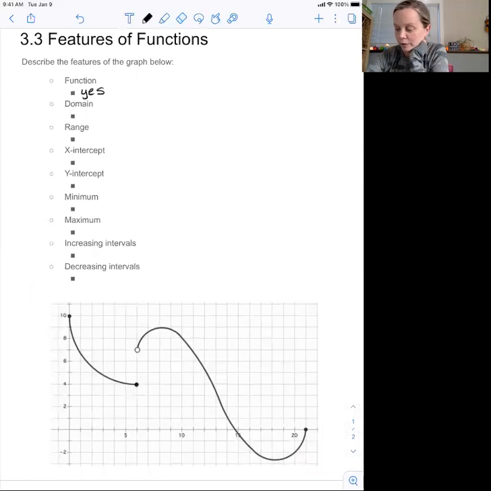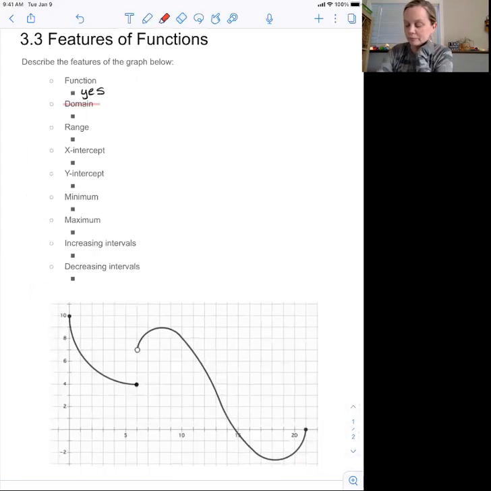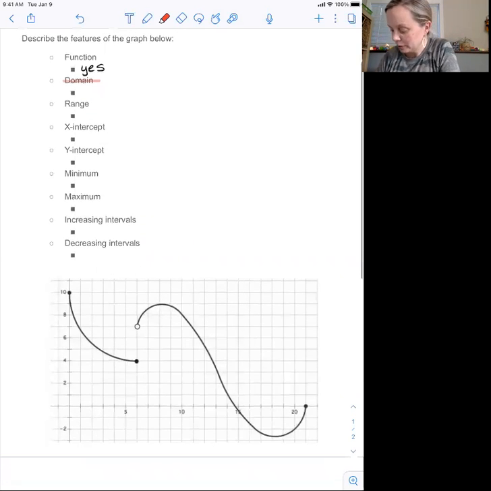And so the next one we're going to look at is the domain. The domain is any of our x values that go into the function. I like to think of it sometimes as how wide the function is. So when I'm looking along the x-axis here, my x values begin here and they end there for my function.